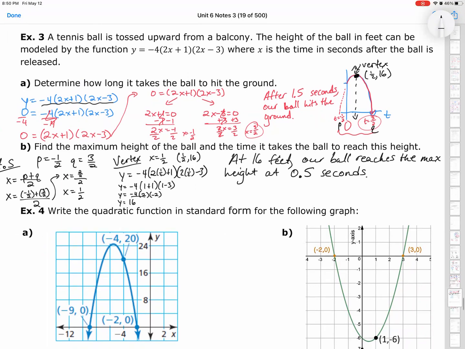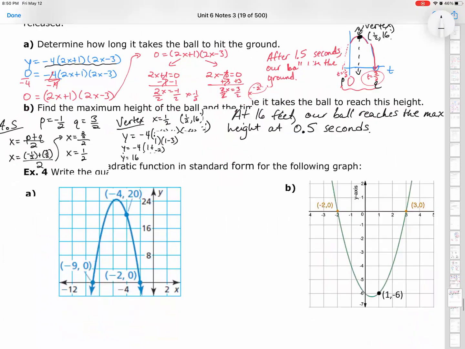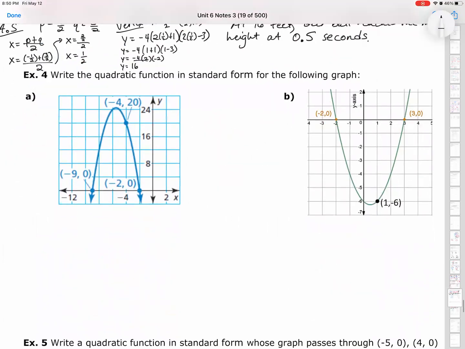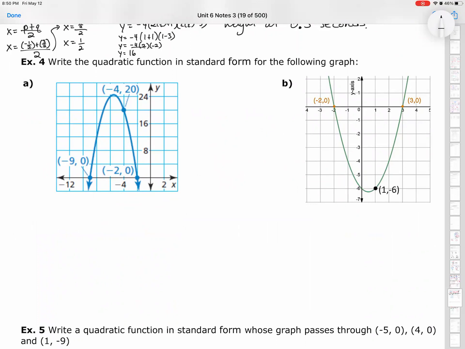All right, now looking at example 4, these are kind of staple questions, I would say. You're pretty much given a parabola, and they're going to give you your x-intercepts oftentimes, and then another coordinate there. Sometimes you might actually have to discern that coordinate too, and that's kind of where the y-intercept comes in handy.